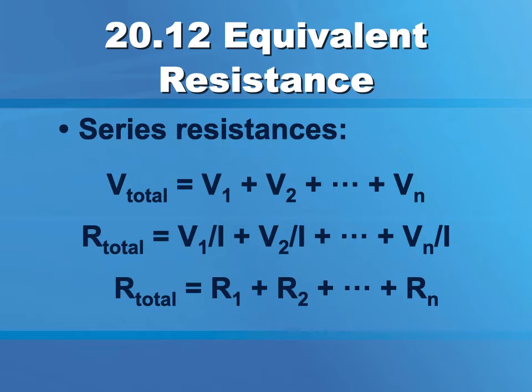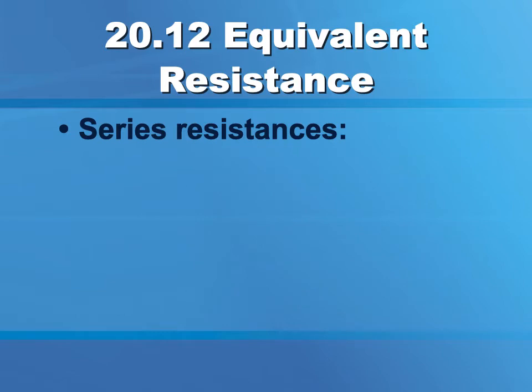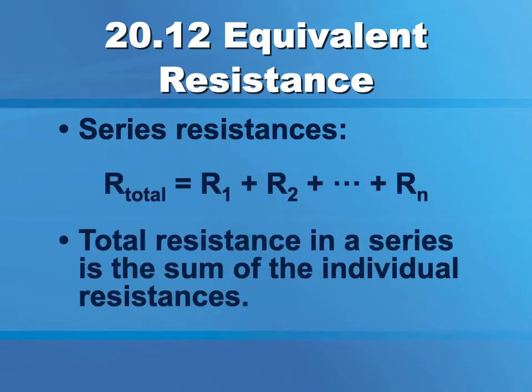In other words, the resistance of each component is going to be V over I, but the I is the same all the way across. And so if you're dealing with series resistors and you want to know the total resistance of that series, you just add them up. Those are really easy. Total resistance in a series is the sum of the individual resistances. Just add them together.